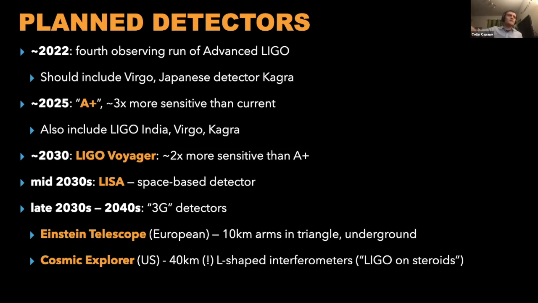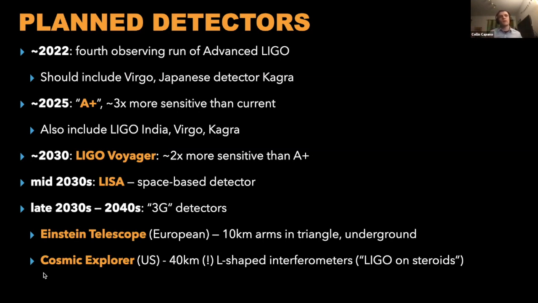Things really start to get interesting in the 2030s. In the mid 2030s, a space-based gravitational wave detector called LISA is planned. It will be sensitive to much lower frequency gravitational waves, and therefore a whole different class of systems like supermassive black holes. Then in the late 2030s and 2040s, there are plans in both Europe and the United States to build what we're calling 3G detectors.